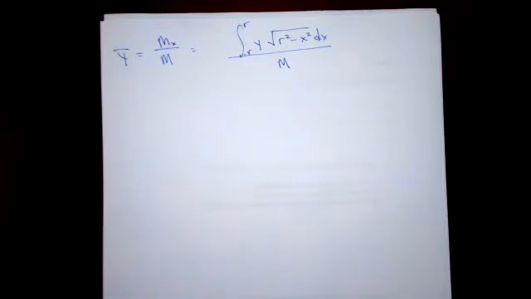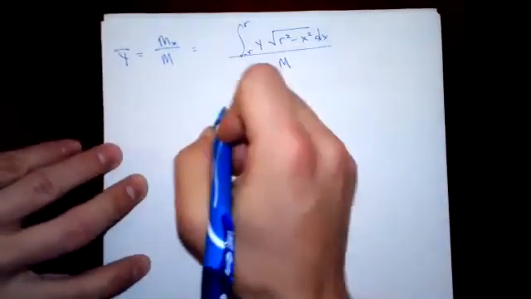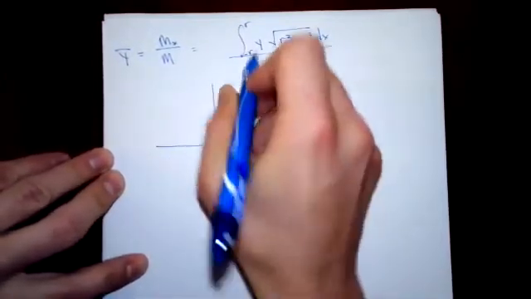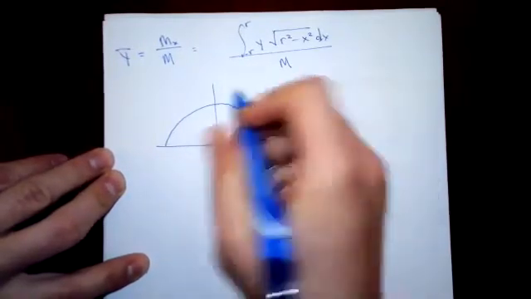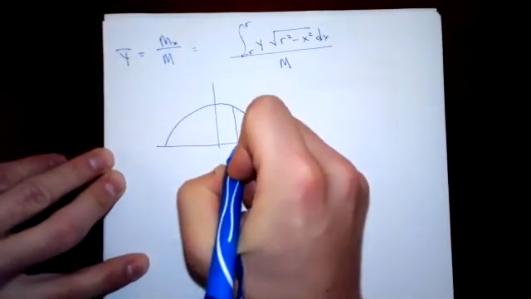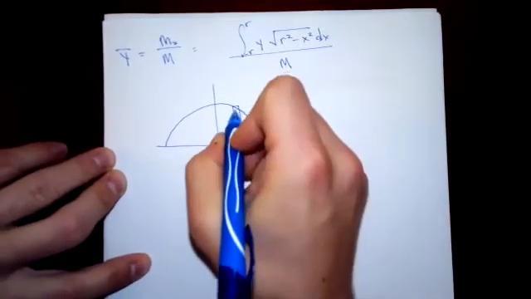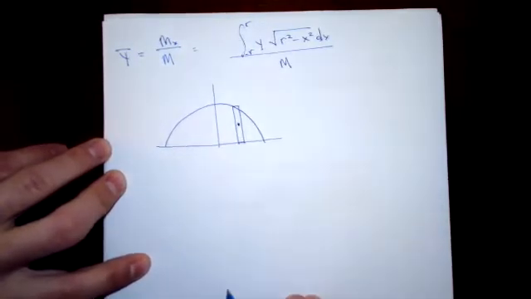The sort of cheating formula that we came up with in Calc 2 is that since we are slicing things up vertically, what do I mean by y? This y coordinate is the center, the average y coordinate of each individual slice.